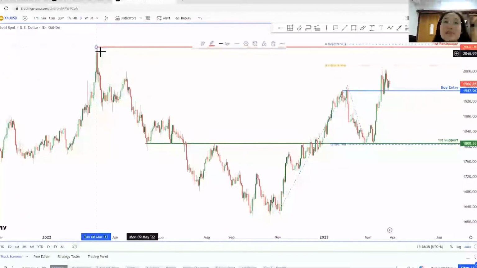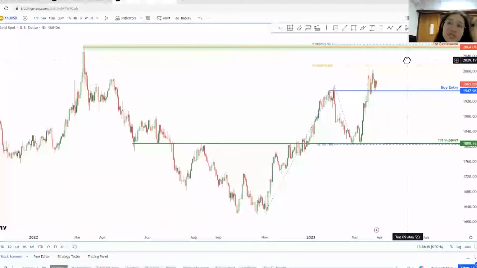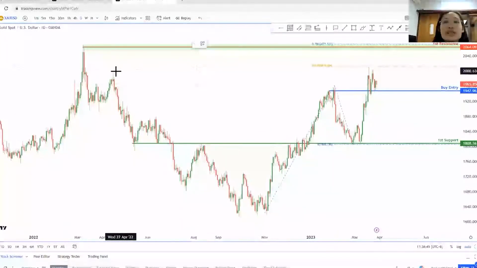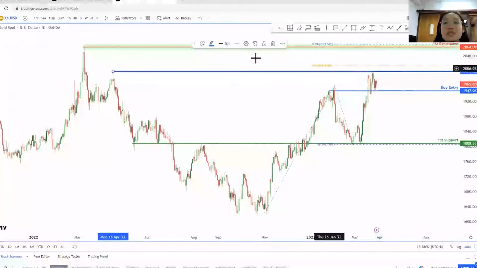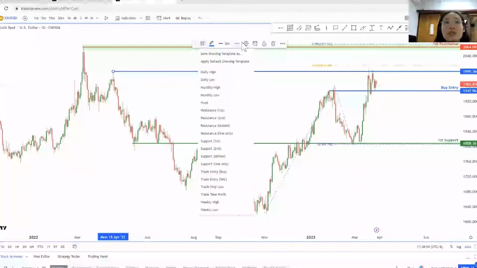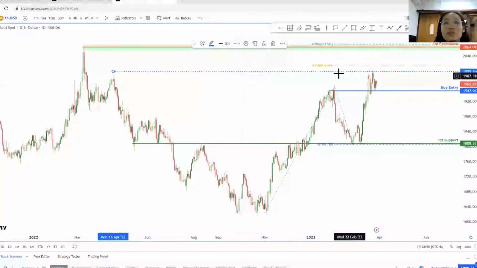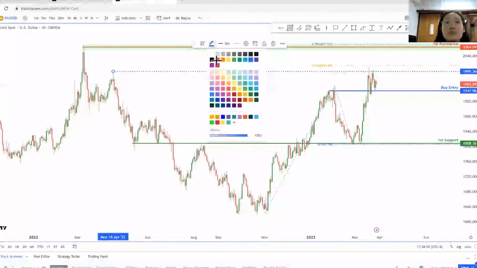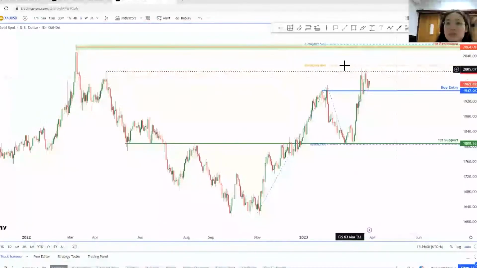Okay, I can see at this area, we have the 78% Fibonacci projection lining up nicely with my first resistance. So we also have kind of an intermediate resistance level here. So I'm just going to use a dotted line to take note of that. And this is also lining up with my 61.8.